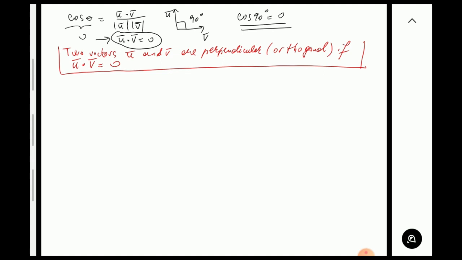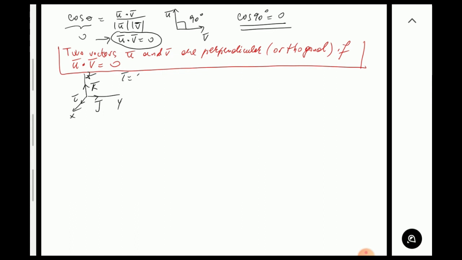So for example, if we end up manipulating a vector in terms of the standard basis, so remember, standard bases are those unit vectors in the directions of x, y, and z. So now we have some properties related to those vectors.